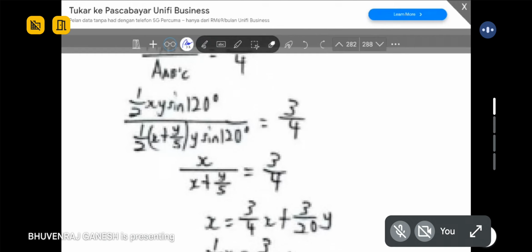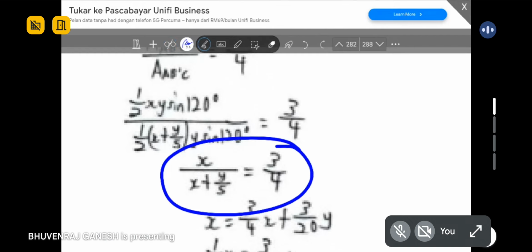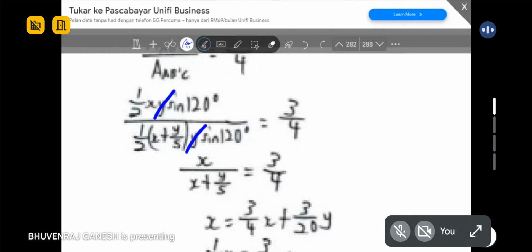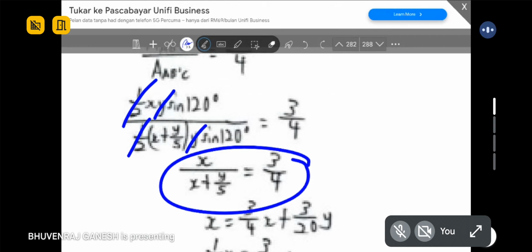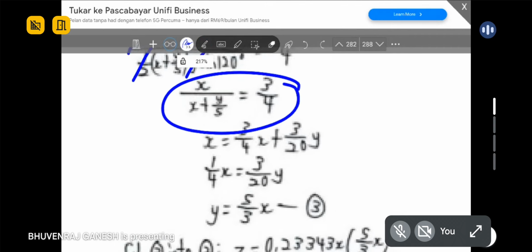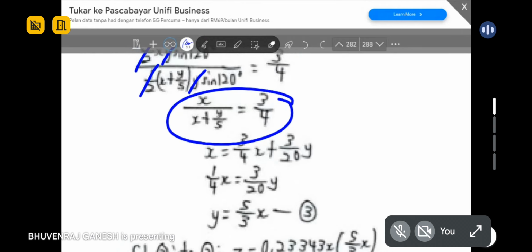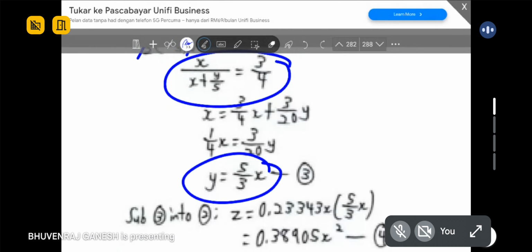Okay. So you will actually see that you can simplify. Y and Y boleh potong. So half and half boleh potong. So you are left with this one. Can you see that, guys? Nampak? So you already have your third equation. Persamaan yang ketiga. So what to do, guys? Substitute lah. Gantikan. Am I right?